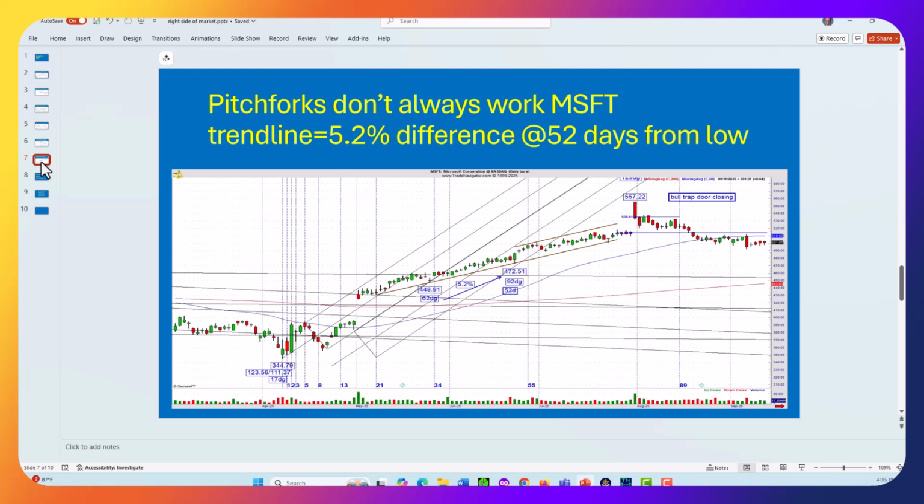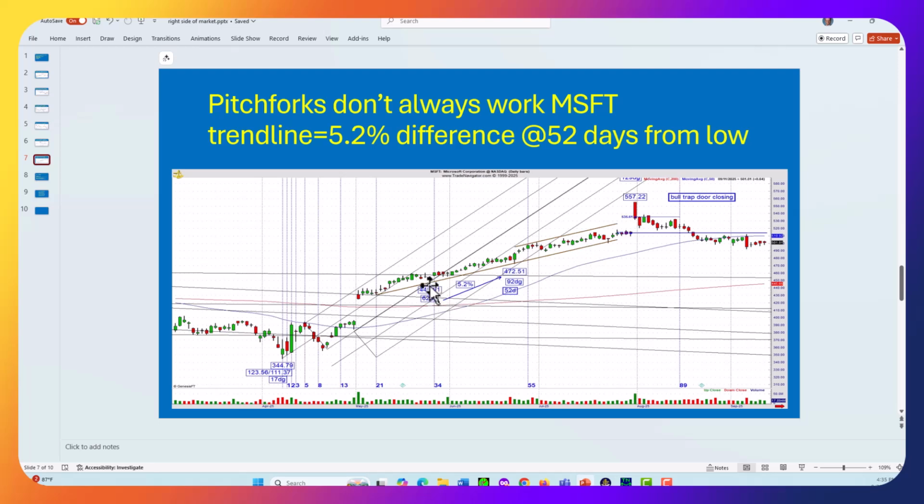Finally, I told you that this project is dedicated to keeping you on the right side of the market. Pitchforks don't always work. Now, here's a situation with a trend line, which works perfectly. You can't fit the pitchforks into this. Why is this important?